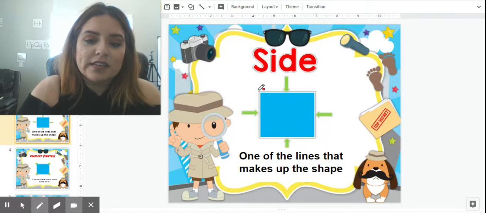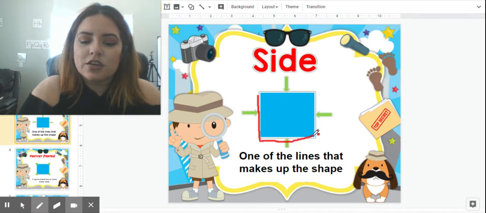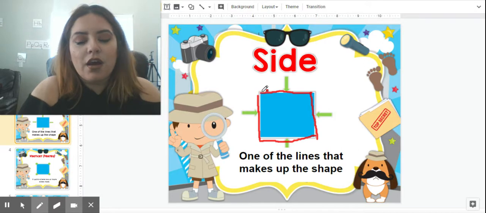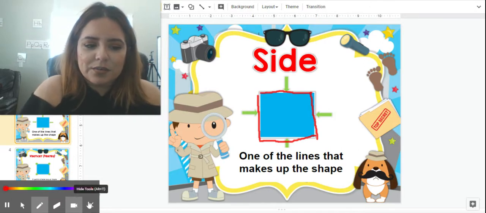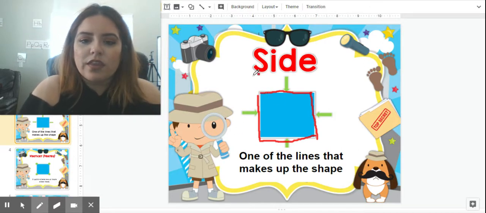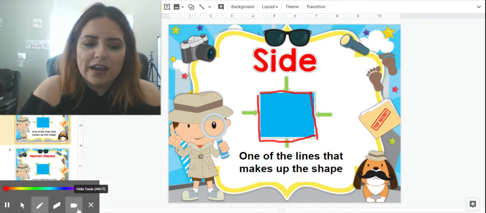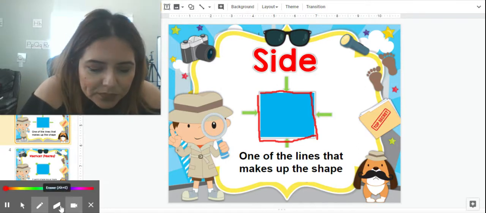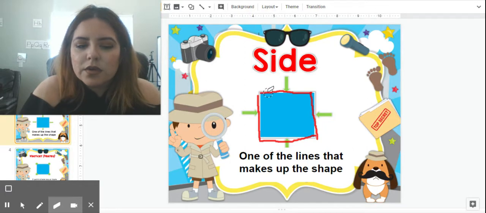So sides are the straight lines that make up a shape. This shape, for example, has 1, 2, 3, and 4 lines, right? So this has 4 sides.